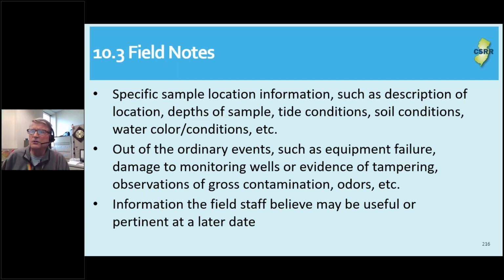In addition, you should also document out of the ordinary events, such as equipment failure, damage to monitoring wells, or evidence of tampering in those wells, and observations of gross contamination like odors or specific areas where gross contamination can be observed. Also include information that the field staff believes may be useful or pertinent at a later date.